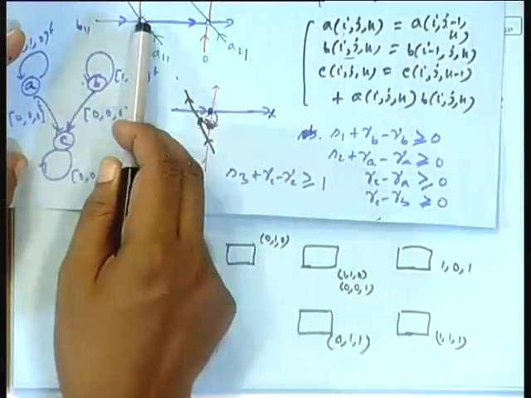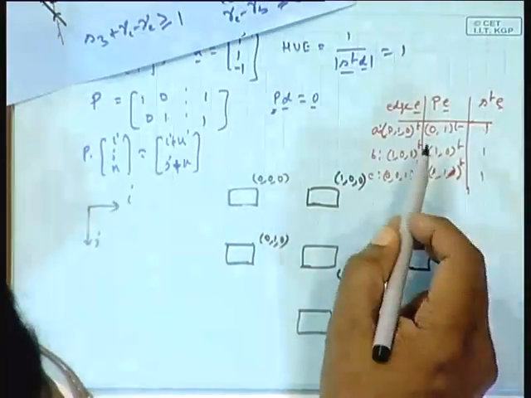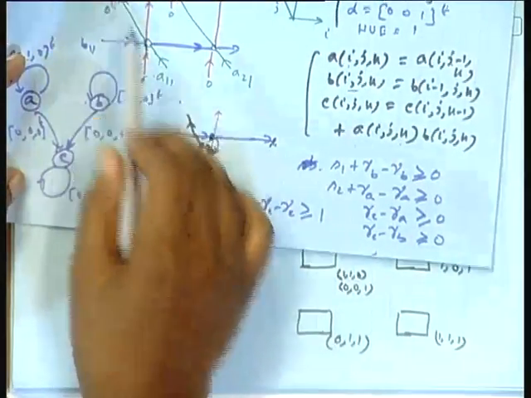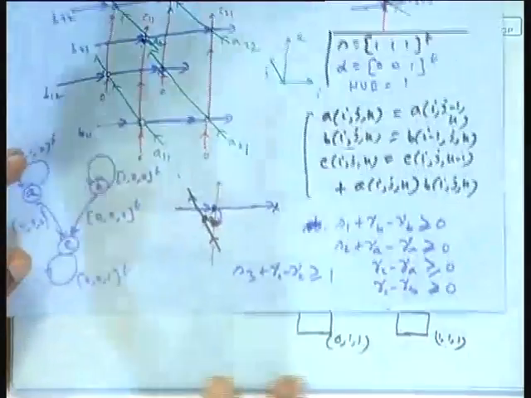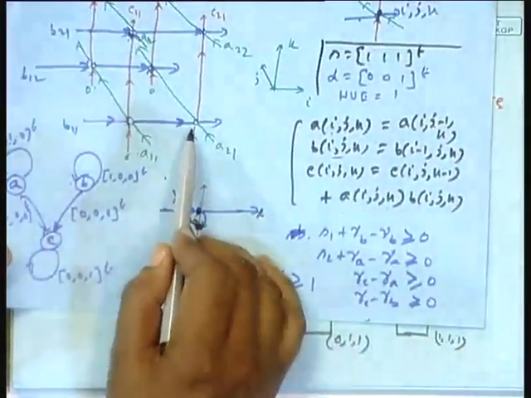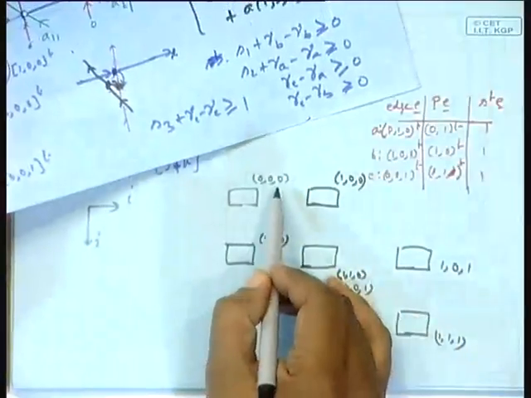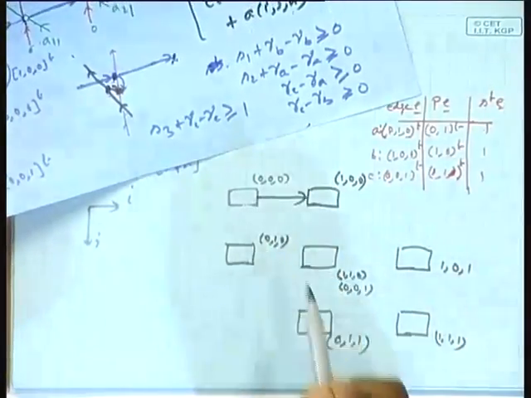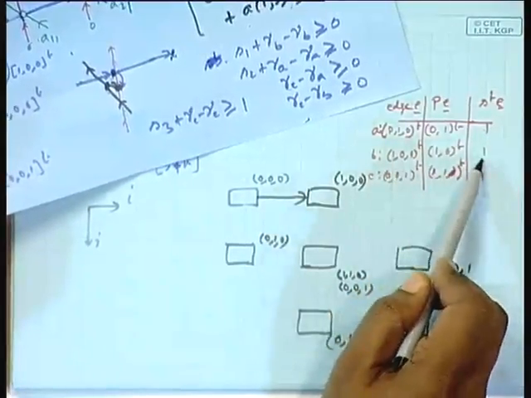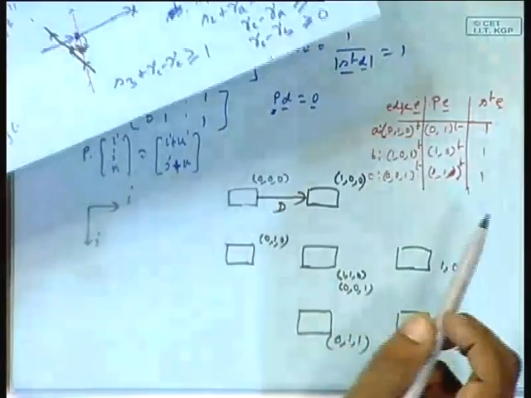A11 comes here, and now give the edges. Between this and this, there are edges. All edges have delay. One delay. Between this and this, 0, 0, 0, 1, 0, 0. So there is an edge. This one delay. One delay. Okay.